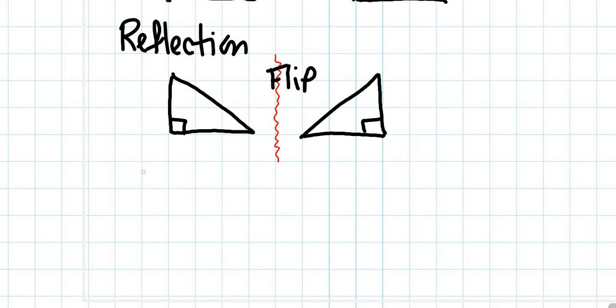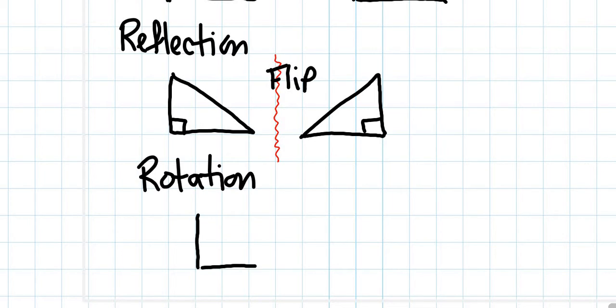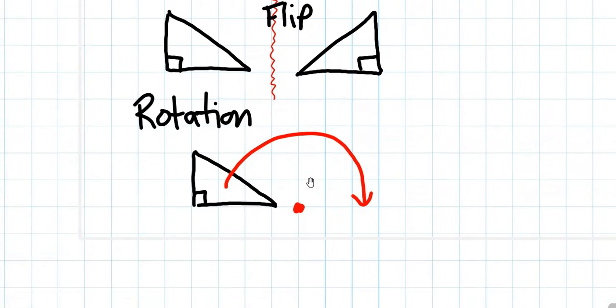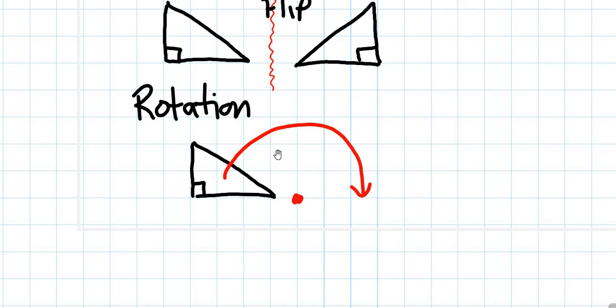And you have your last rigid motion, which is called rotation. That's where you take a triangle and then you imagine a pivot point, and you rotate it around a certain point.